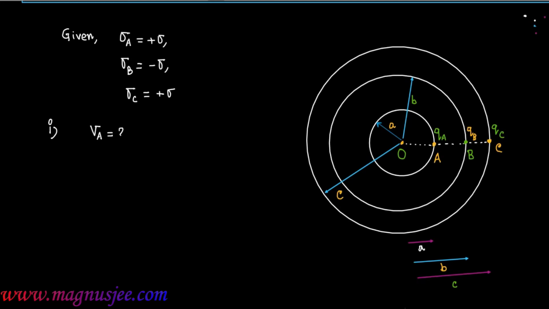So these are the surface charge densities of the three concentric shells, and we have to find VA, VB and VC.